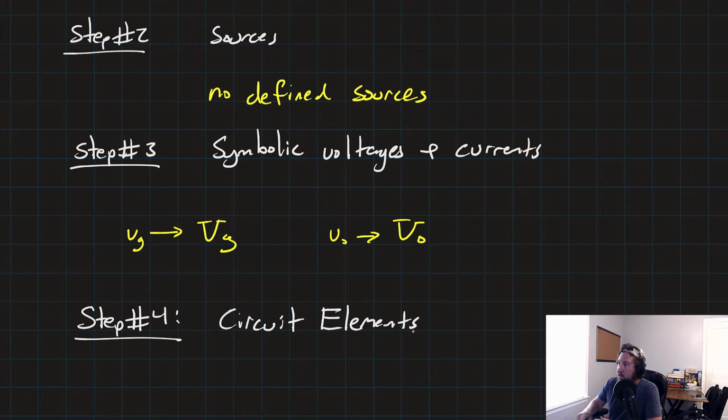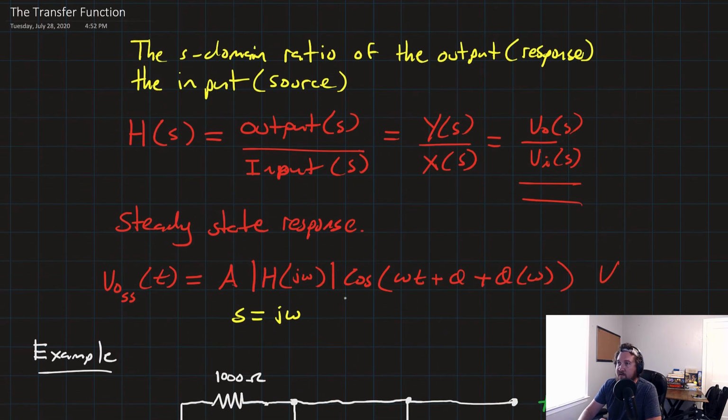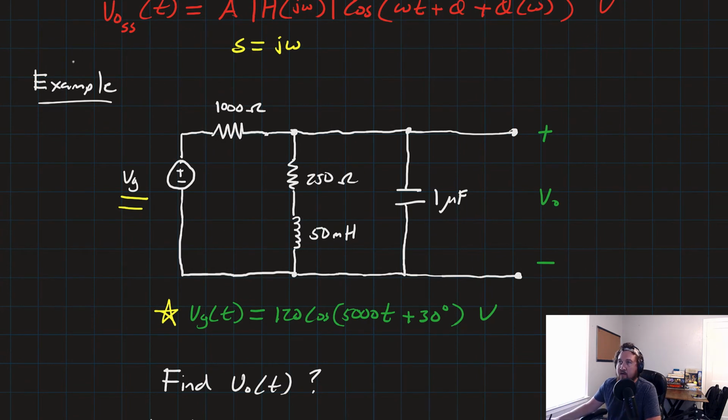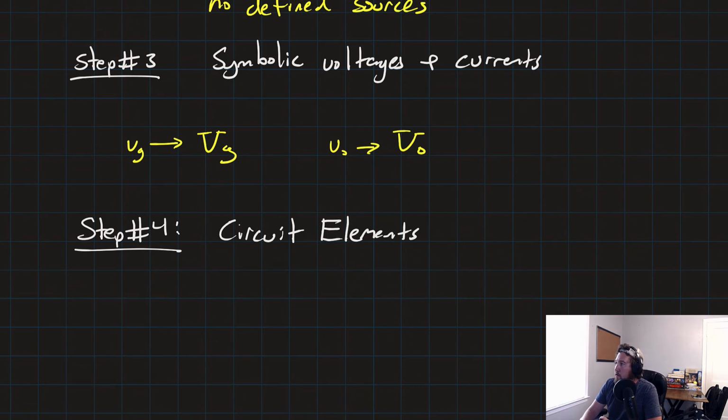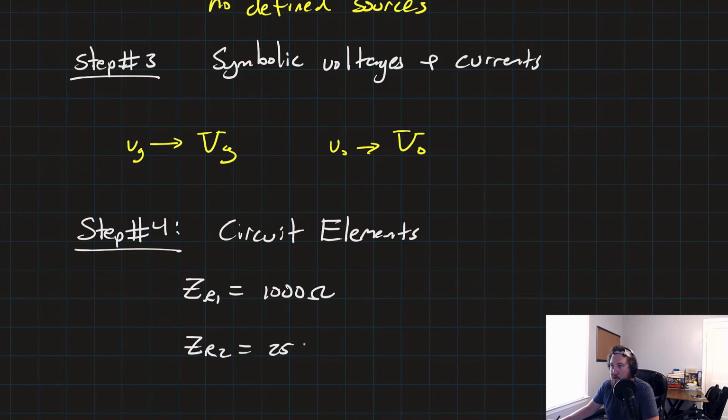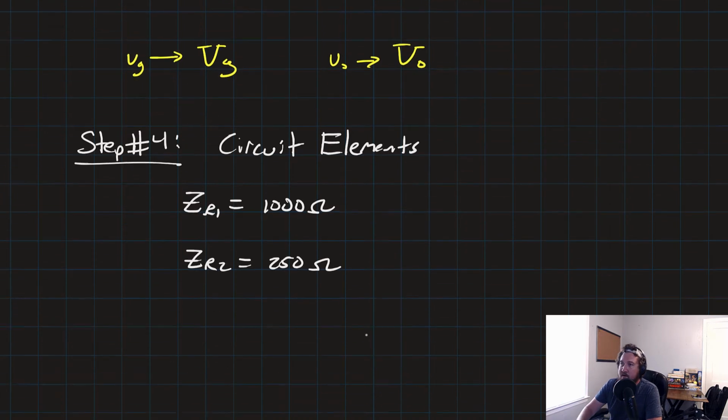So let's go find those impedances for all of our circuit elements. If I scroll back to the top here, I'm going to count, let me use yellow, this 1,000 ohm resistor as R1 and this 250 ohm resistor as R2. So we know that our resistors don't change at all. So ZR1 is equal to just 1,000 ohms, and ZR2 is equal to 250 ohms.